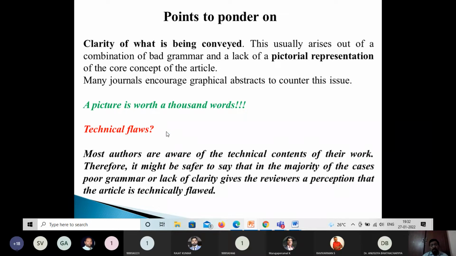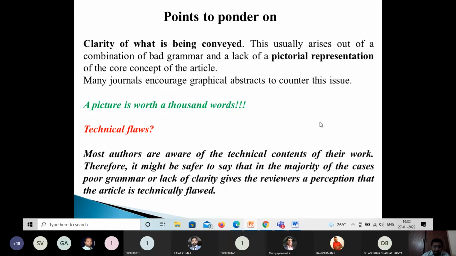And does it get rejected because of technical faults? This percentage is very, very small. Because if we are writing a research article, we are technically sound. That is the reason why we are writing the research article. Obviously the authors are much aware of the technical contents.